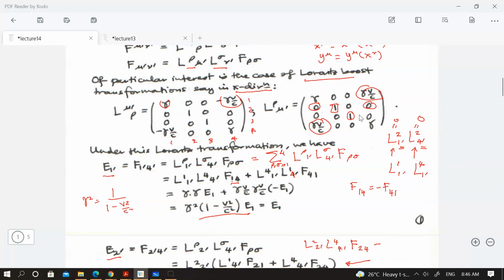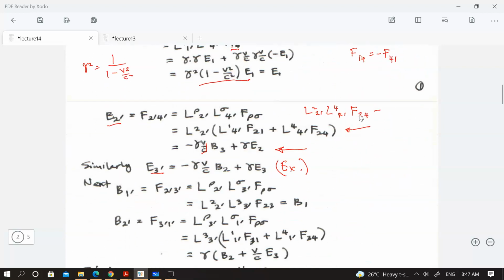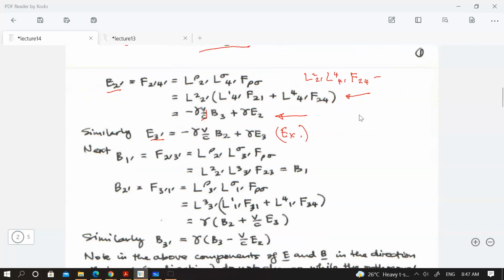This one is more or less fixed. For the other one, 1', that means the first column. The first column will have non-zero elements on your first row and also on your fourth row.